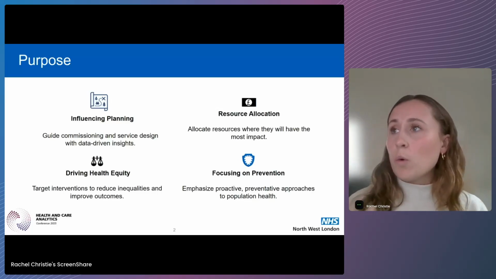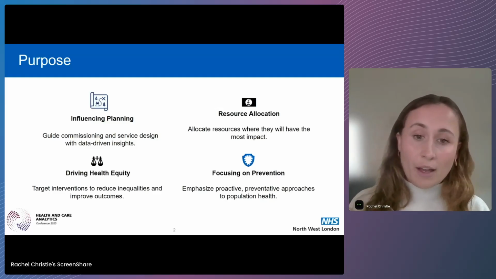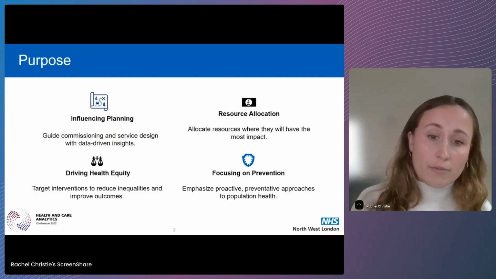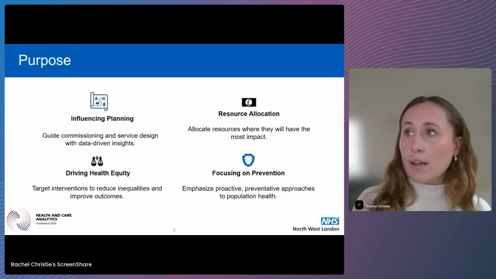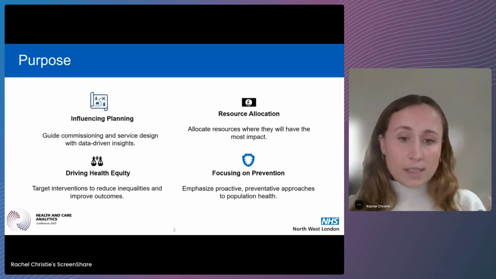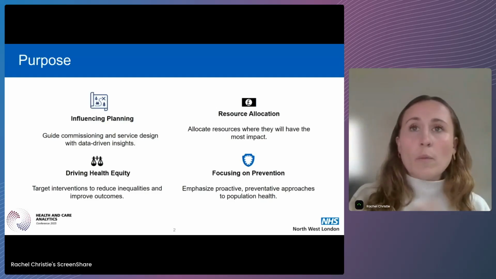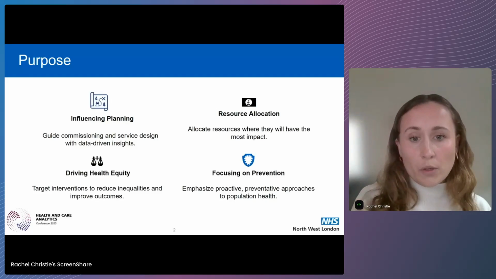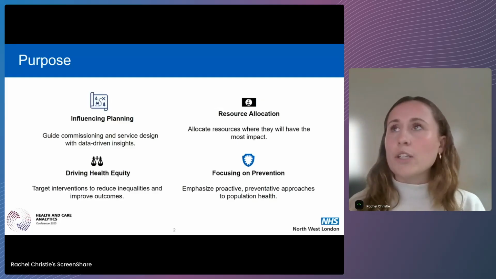We would also want the report to highlight where we have health inequalities in different outcomes and ultimately drive health equity by understanding where we need to target. And because this is an approach that looks at our population rather than our services, we hope that it also puts more of an emphasis on proactive, preventative approaches by thinking of that whole population.